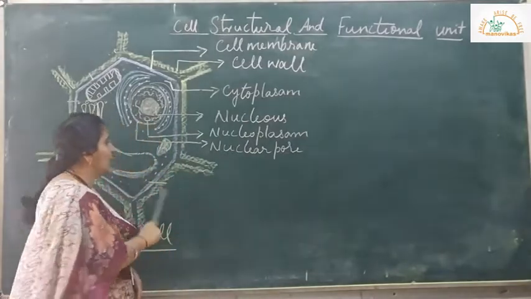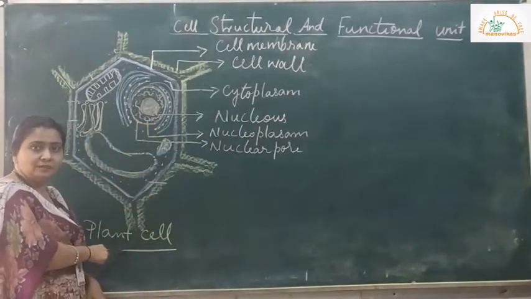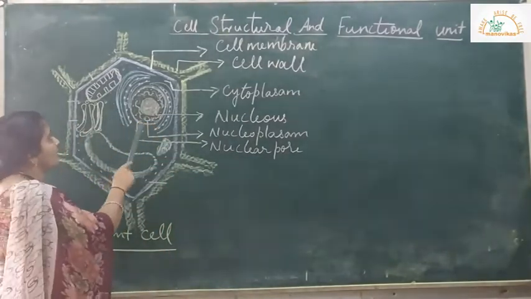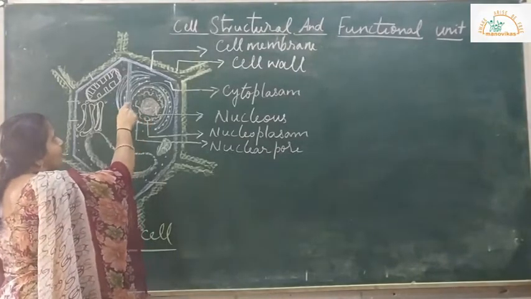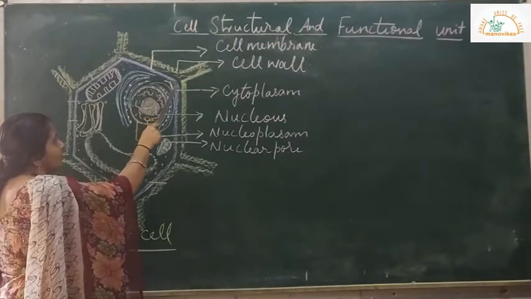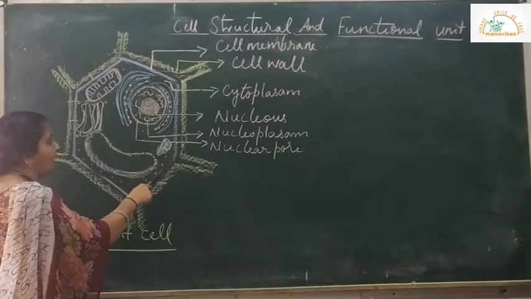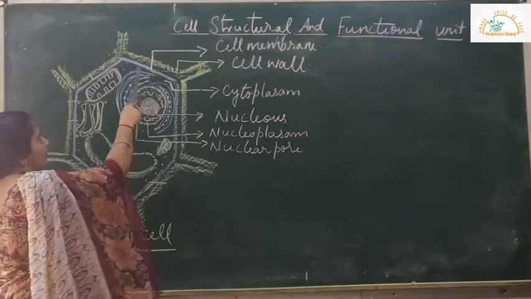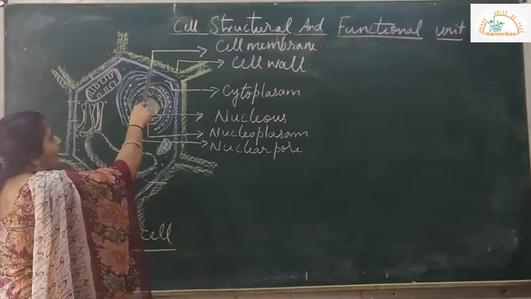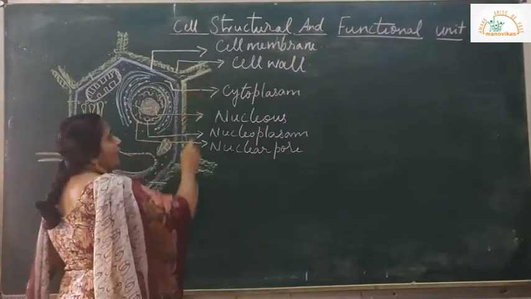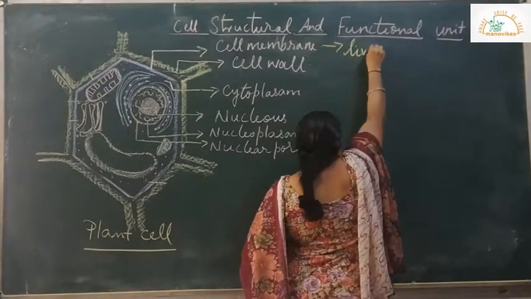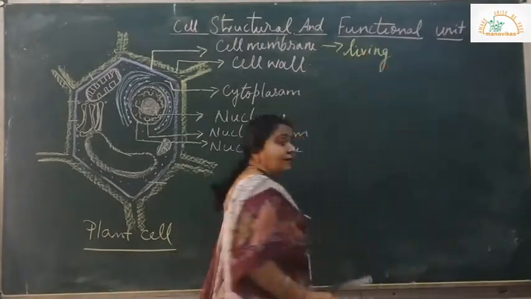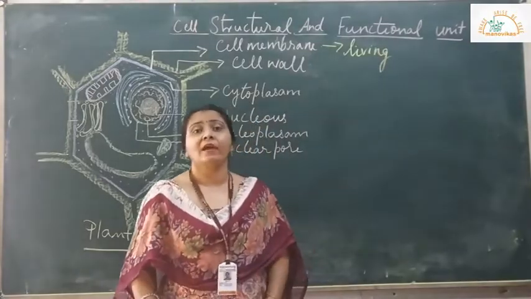This is the structure of a plant cell, and this is the cell membrane. You can see this thin membrane present inside. The cell membrane is living and elastic in nature.